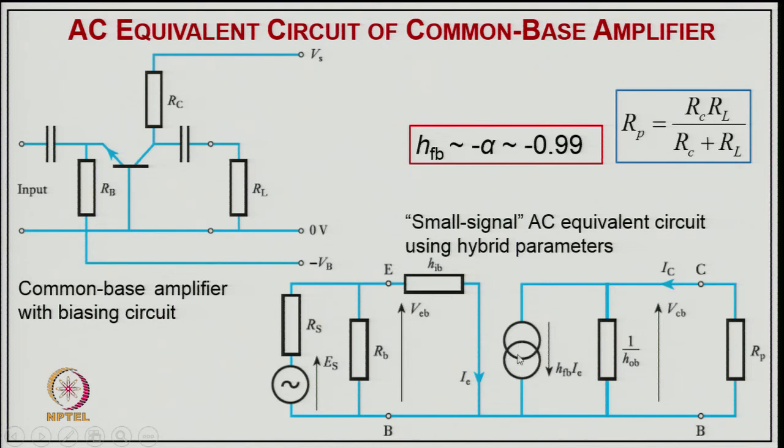Here you have an emitter current dependent source, since the emitter current is the input current, and 1 upon HOB, with RP being the equivalent of biasing and load resistance.